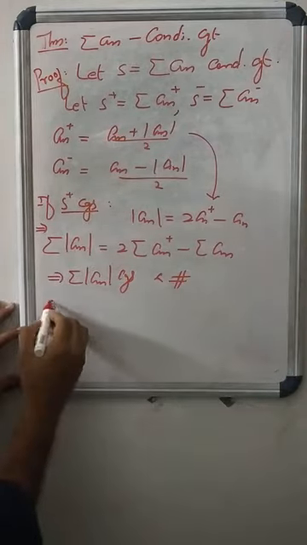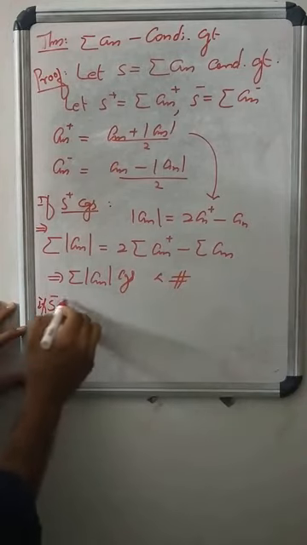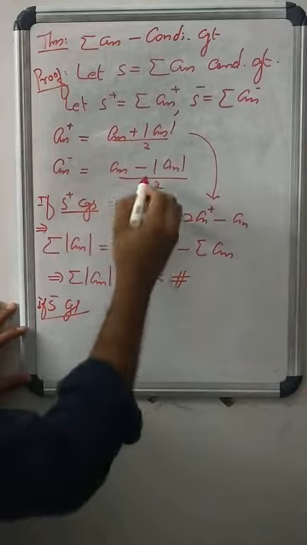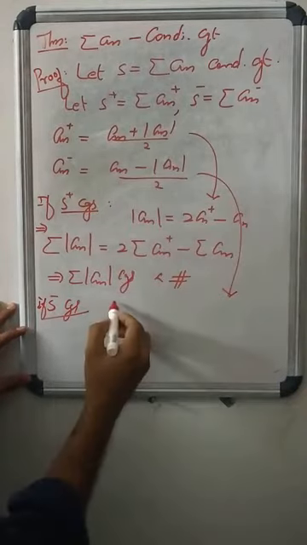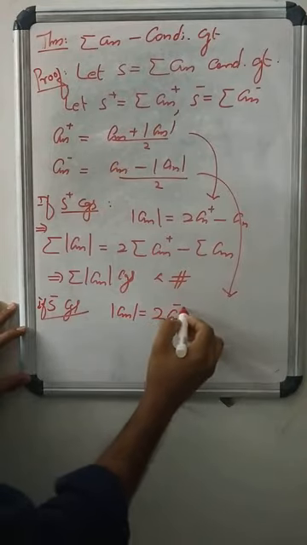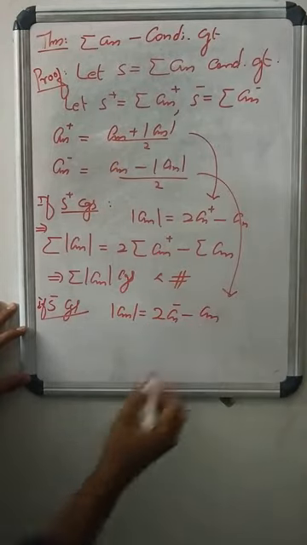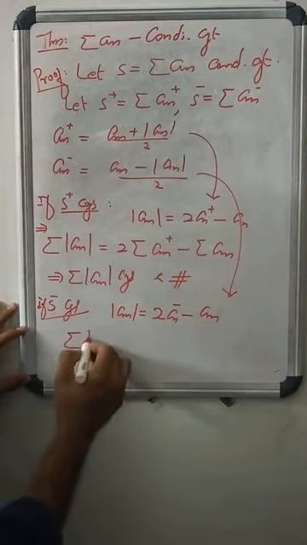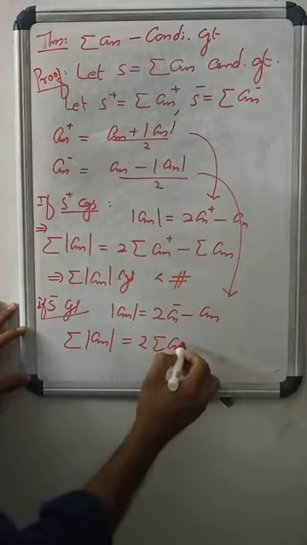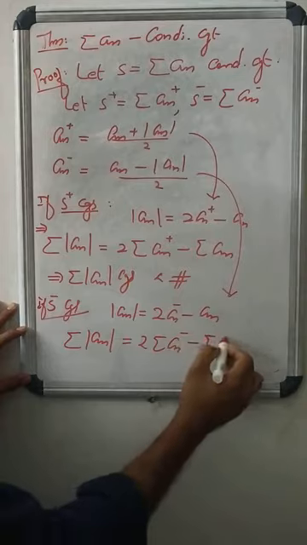If S minus converges, what happens? From this result, what is mod an? Here also mod an equals 2 into an minus an. Again, if we take sigma on both sides, sigma mod an equals 2 sigma an minus minus sigma an.